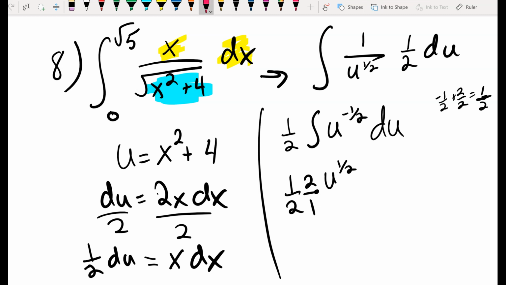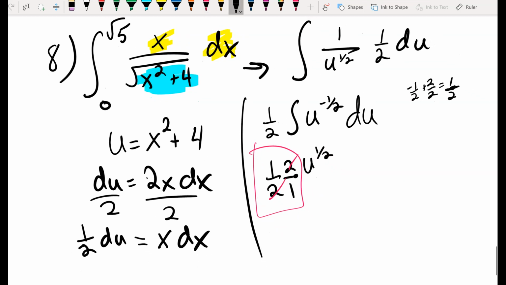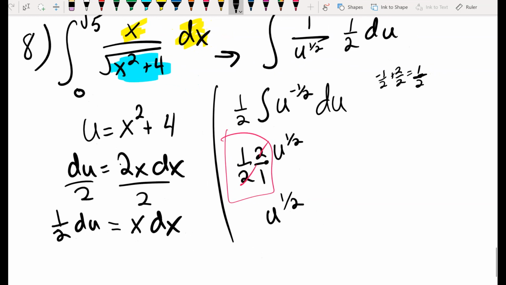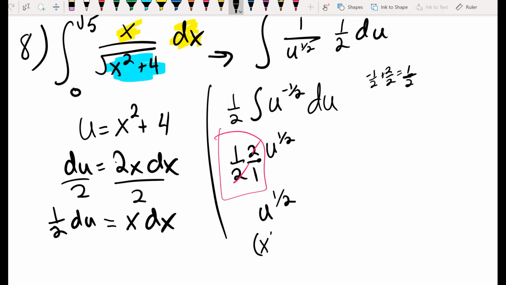Now you should notice 1/2 times 2 over 1 just reduces to 1. So really the only thing I need to plug into here is u to the 1/2. So what I'm going to do is I'm going to keep going from here. I'm going to plug in my x value, which is x squared plus 4 to the 1/2. And I'm going to evaluate that from 0 to radical 5.